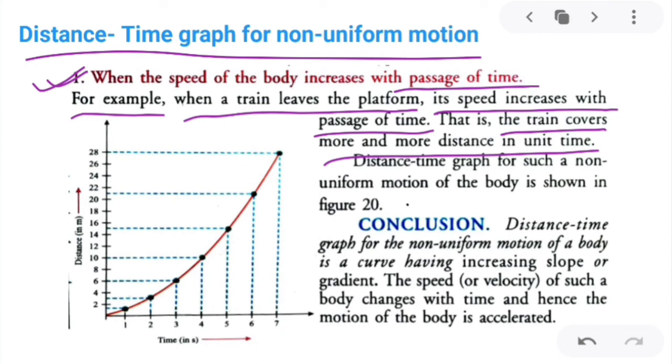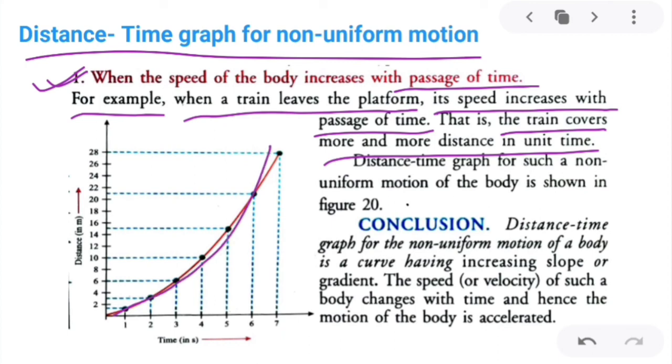So for bodies whose speed increases with time, the distance time graph looks like this type of curve.